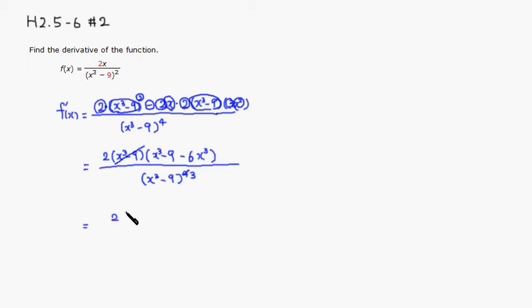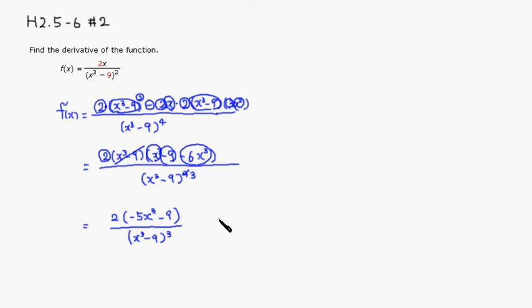Then if you combine, 2 is already taken care of, and you have x cubed and a minus 6x cubed, so that will give us negative 5x cubed. Then you have minus 9, and over x cubed minus 9, raised to the 3rd power.